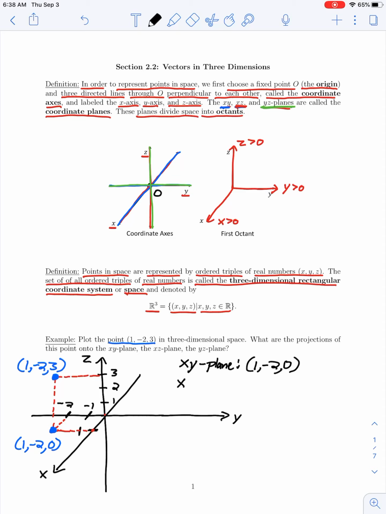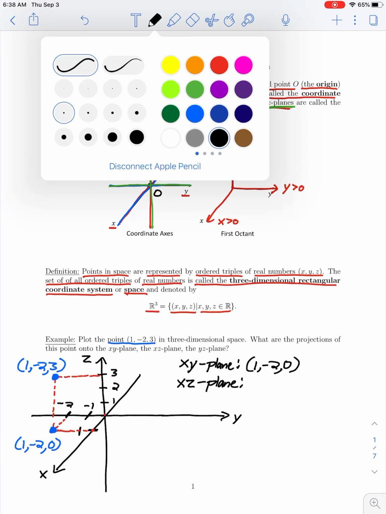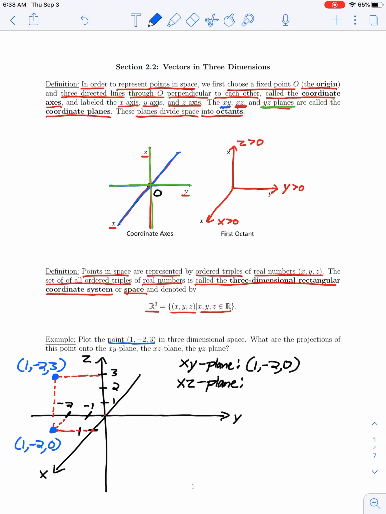Next, we ask about the xz plane. So for our projection onto the xz plane, well, we're moving our point to this projection onto the plane determined by the x and z axes.